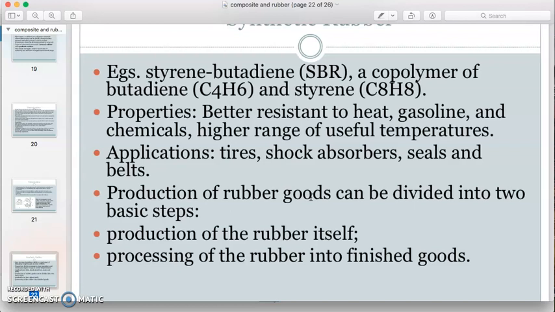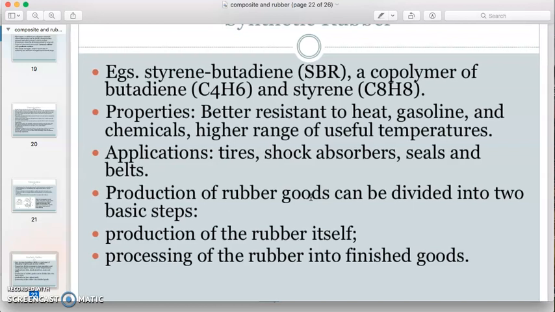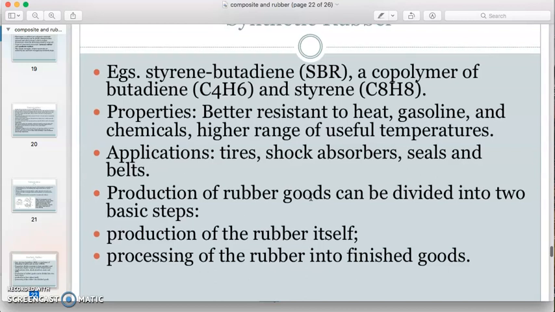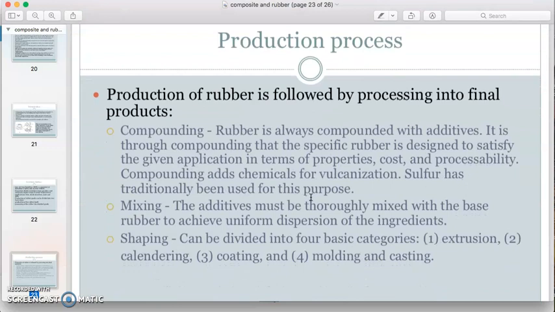Production can be divided into two steps: production of rubber and processing of rubber into finished goods. This is the production process of rubber into the final product. Either we can use compounding, where the rubber is mixed with other additives, and in this case usually sulfur is traditionally used to improve the properties of the rubber. Then the mixing process, where the additives are mixed throughout the base rubber to achieve uniform dispersion of the ingredients.